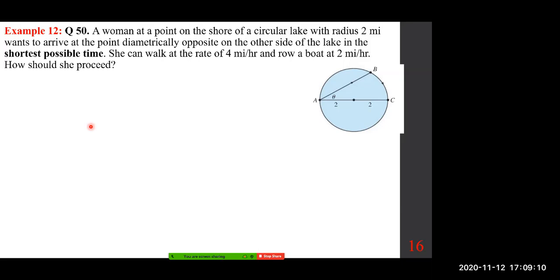It's important to understand that different speeds are involved, because of the rowing versus walking. So let's see what happens here. Let's say we row here and then walk here.